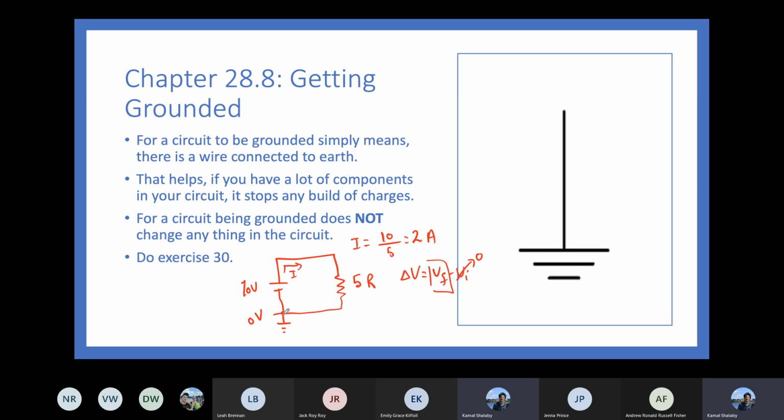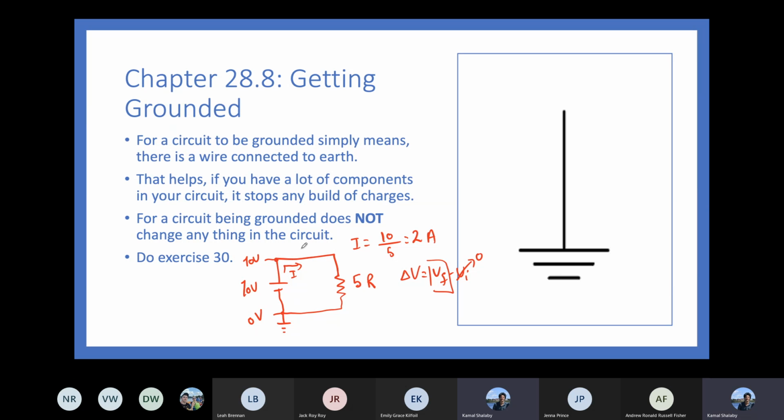So for example, since we know at this point it's 0 volts and the potential difference around the battery is 10 volts, if you look at this point, it also has to be 10 volts compared to the ground, because from here to here it's a 10 volt difference. If the ground is 0 volts, this point has to be 10 volts.